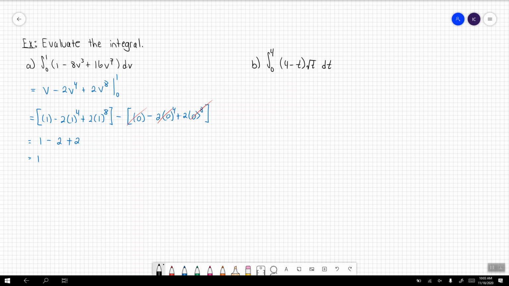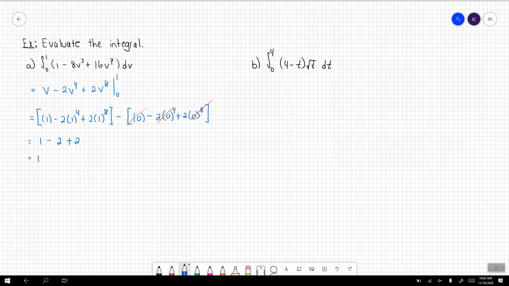Some antiderivatives might be a little bit harder to find than others, but we have to stick with the algebraic manipulations and simplifications that we've been accustomed to, as well as the antidifferentiation that we've learned.